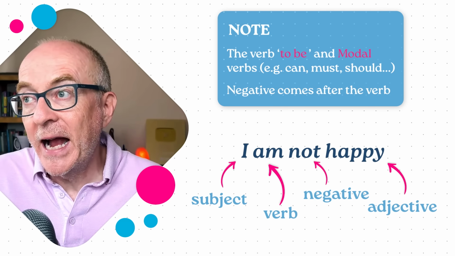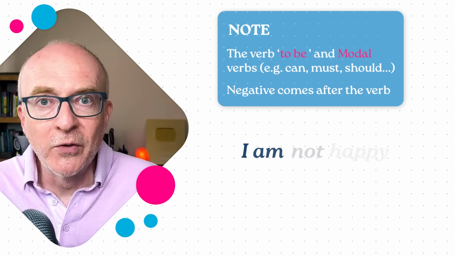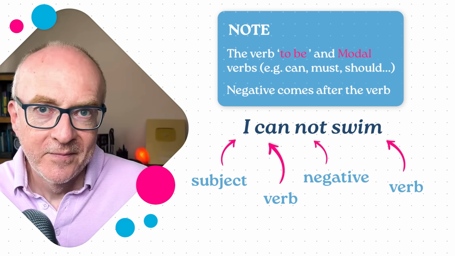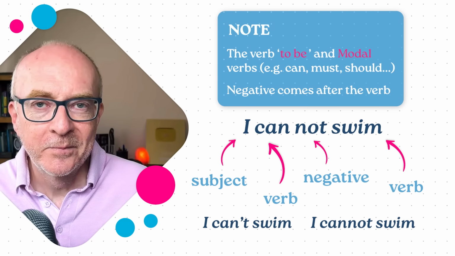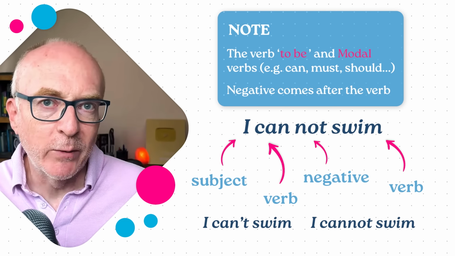Likewise, modal verbs, right? I can not swim. Although we say I can't or I cannot swim. I must not shout. So the verb to be and the modal verbs are a little different. Okay, let's move on.